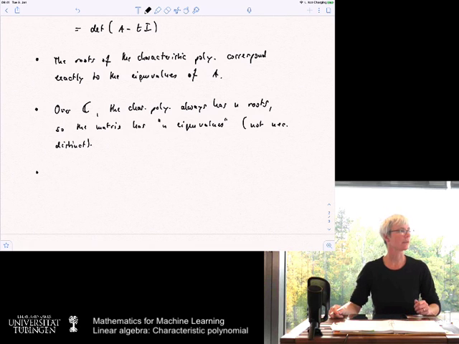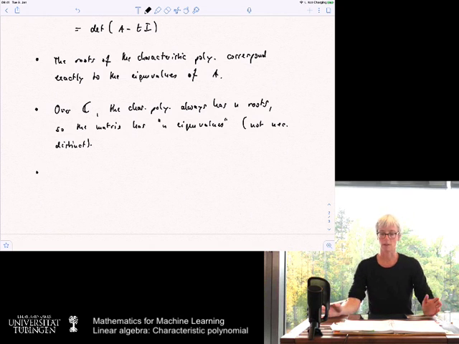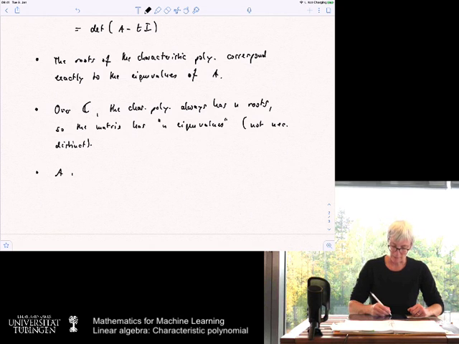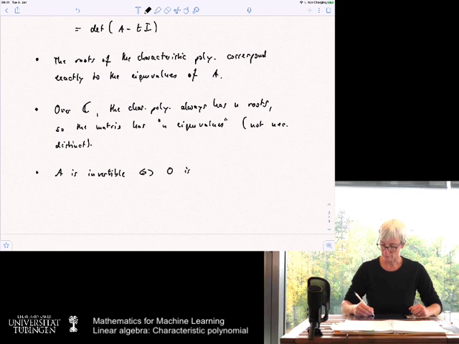And in fact, I think this must also be true over R. I'm sorry. So no matter whether you're in R or in C, the matrix A is invertible if and only if 0 is not an eigenvalue.